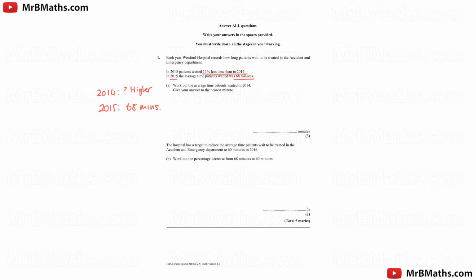A total percent is out of 100, so 100%. So usually it would represent 100%, but this is now 11% less. So this 68 minutes now represents 11% less, so it actually represents 89%.